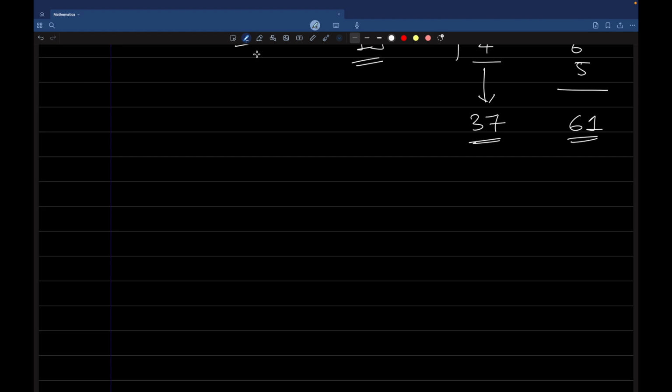Next is question number 5: pictorial ways to visualize the sequence of powers of 2 and powers of 3. That is 2 raised to k and 3 raised to k.